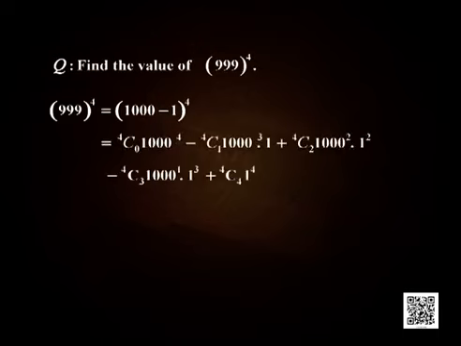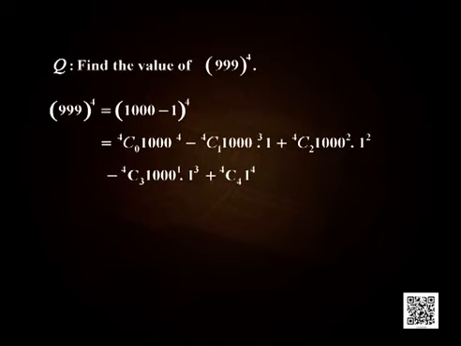and applying binomial theorem, I get 5 terms where I can see that the first term of course is 4C0 1000 raised to power 4 minus 4C1 1000 raised to power 3 times 1 plus 4C2 1000 raised to power 2 into 1 squared minus 4C3 1000 raised to power 1 into 1 cubed plus 4C4 1 to the power 4.